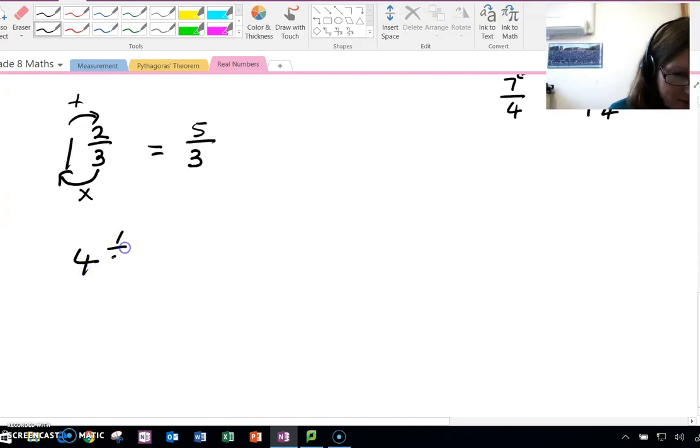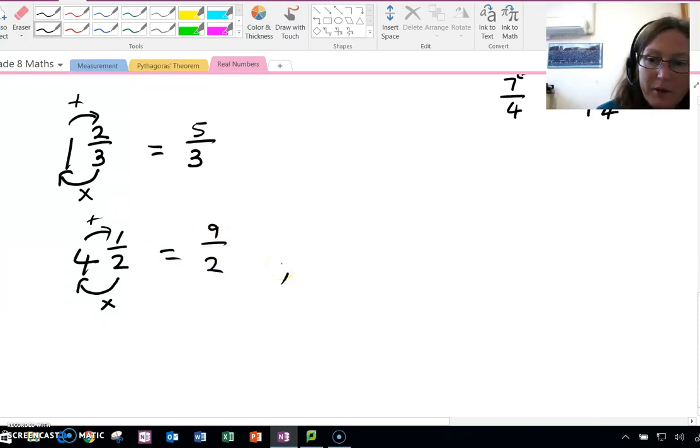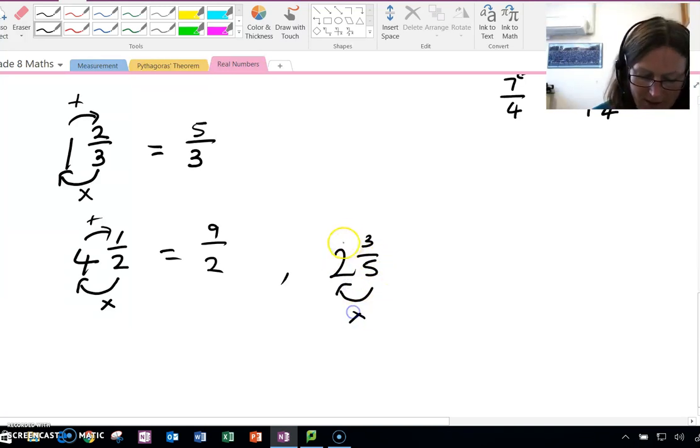4 1/2, that's a mixed number. Let's change it to an improper fraction. 2 times by 4 is 8, plus 1 is 9/2. How about 2 3/5? Let's change that mixed number to an improper fraction. 5 times 2 is 10, plus 3 is 13/5.